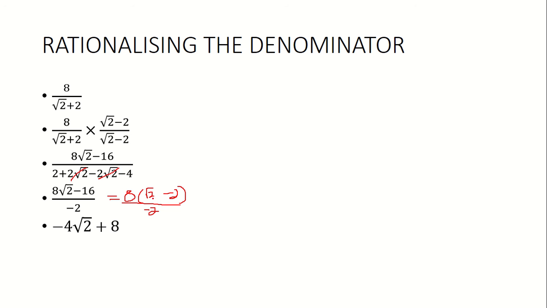I still have the square root of 2, and over here I do have 2, so this times this will give me minus 4 square root 2, and minus 4 times minus 2 will give me positive 8, and this is your final answer.